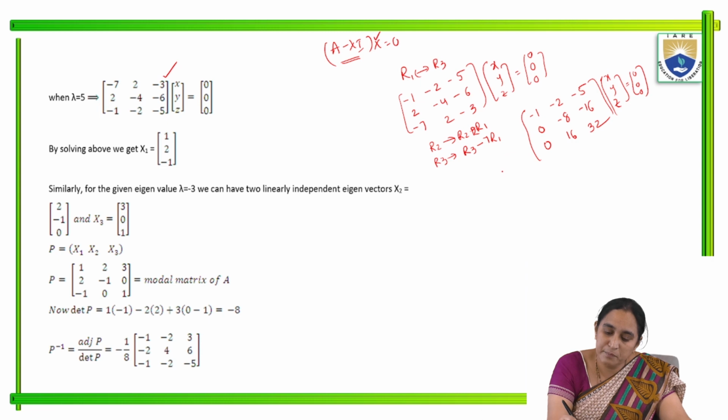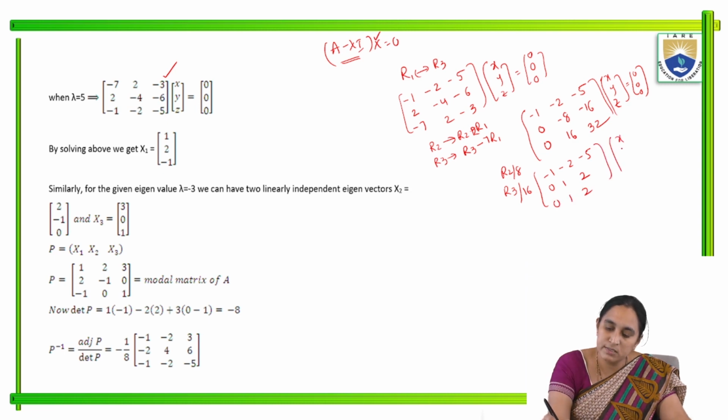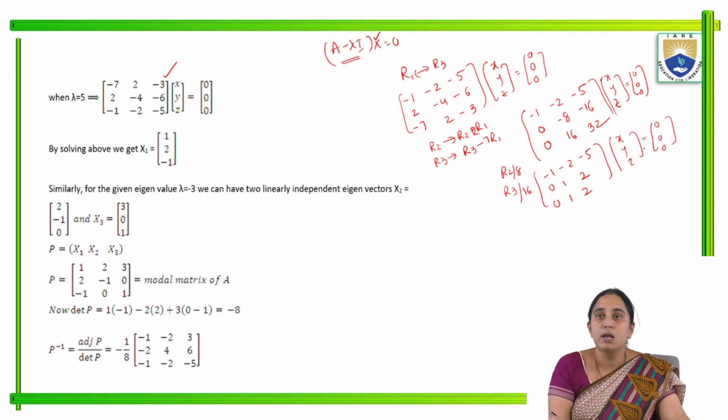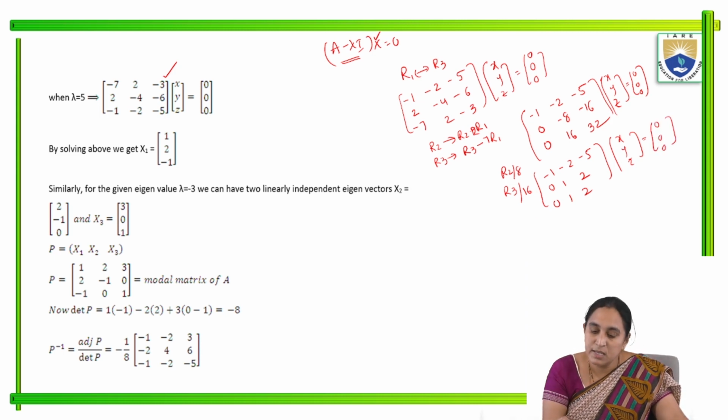Here I am taking common for R2 divided by 8 and R3 divided by 16. That is minus 1, minus 2, minus 5, 0, 1, 2 and 0, 1, 2 into x, y, z is equal to 0, 0, 0. Here we have to observe that these two rows are similar, right?